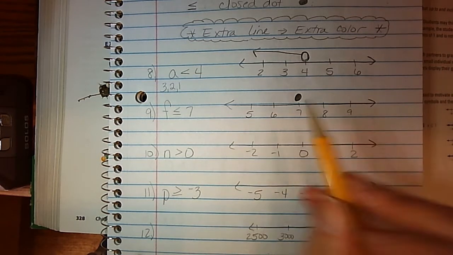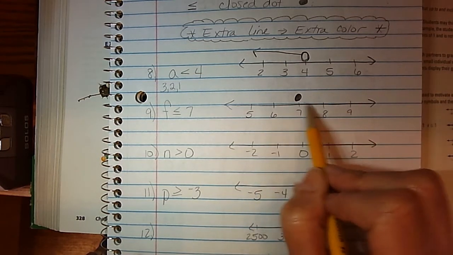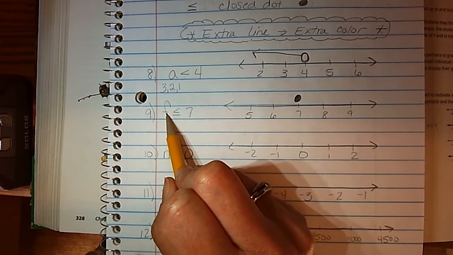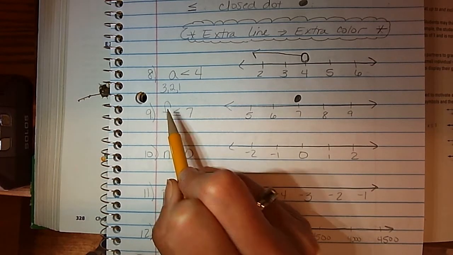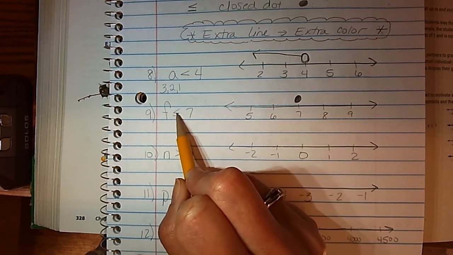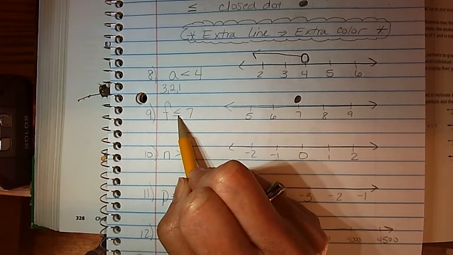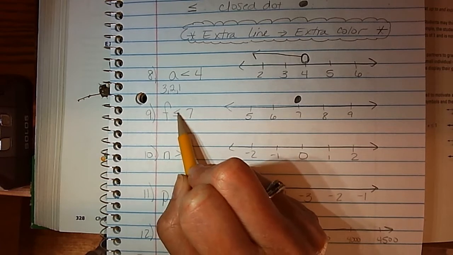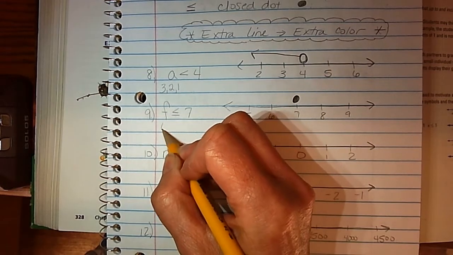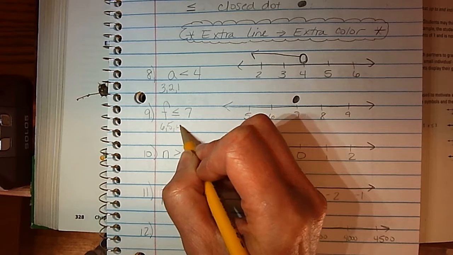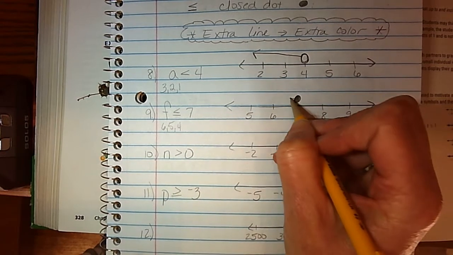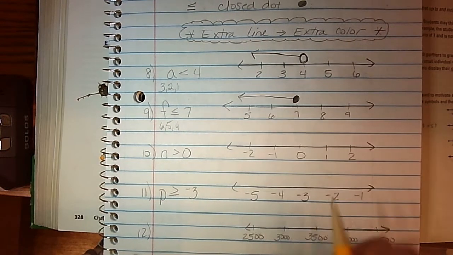Now I got to determine what way am I going to point my arrow. Well, I'm going to plug in some numbers that would make this statement true. Tell me any number that is less than or equal to, well, it's on 7, so you can ignore that part. So tell me a number less than 7. Well, 6, 5, 4. So I'm going to point my arrow in that direction.